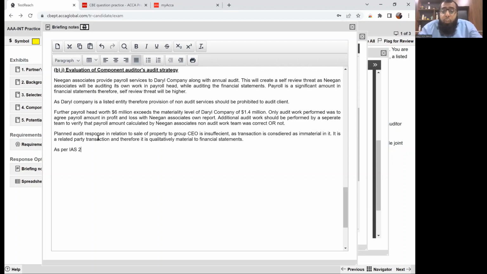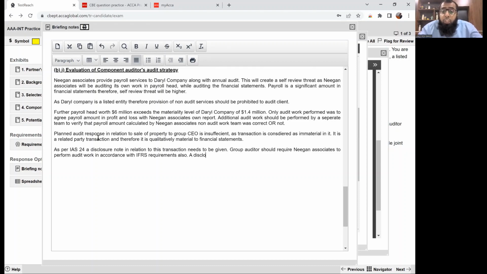As per IAS 24, a disclosure note in relation to this transaction needs to be given. Even if the Darrell Company FS is prepared under a local reporting framework, for the group FS we need to comply with IAS and IFRS. Group auditor should require Negan Associates to perform audit work in accordance with IFRS requirements also.